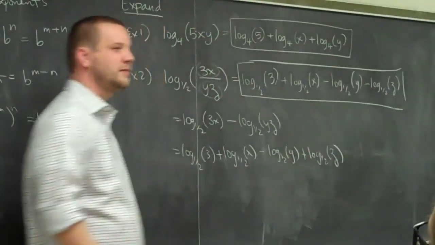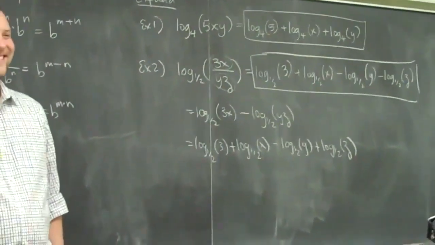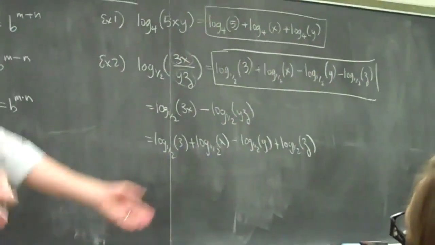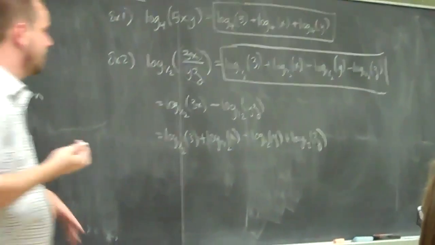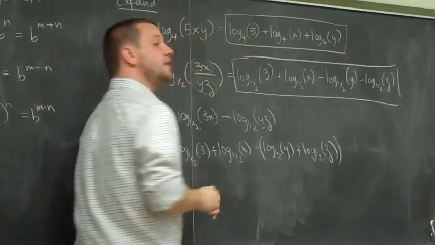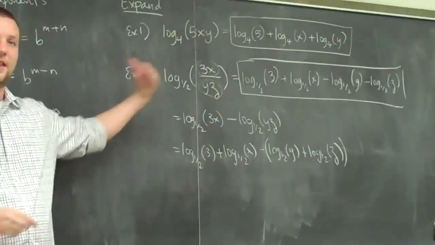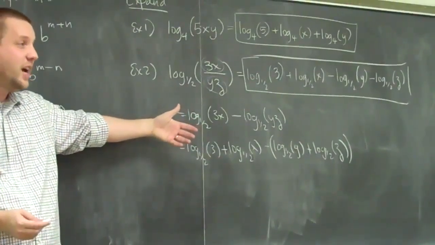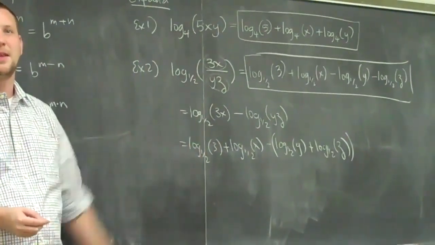Is that correct? Yeah. The trick that many of you wouldn't remember is this is a negative log. If I put that in parentheses, it's true. And then if I therefore take one more step and distribute the negative, it's true.